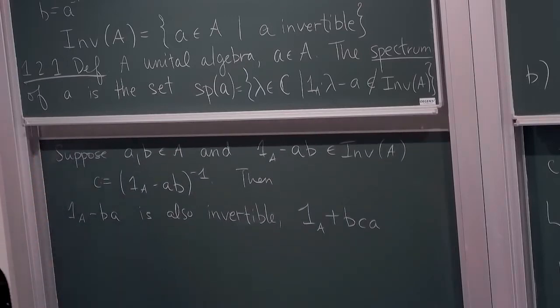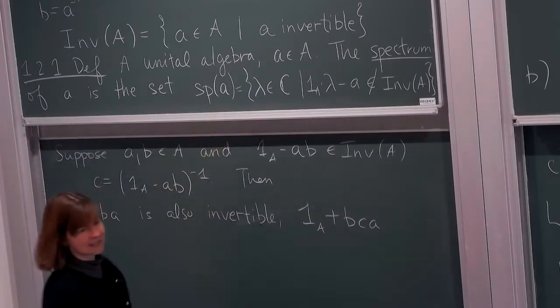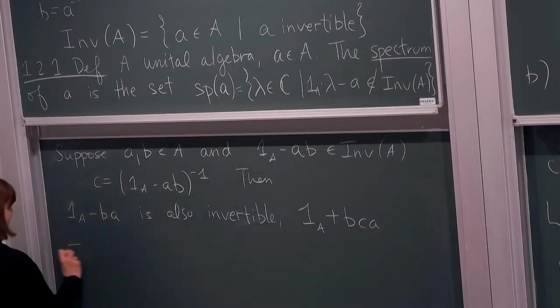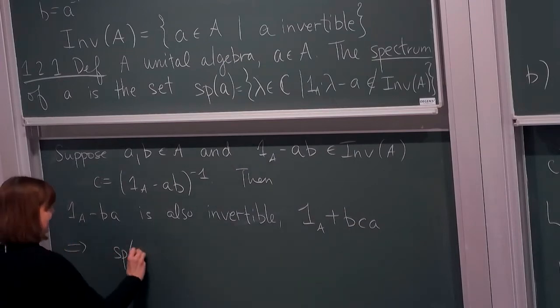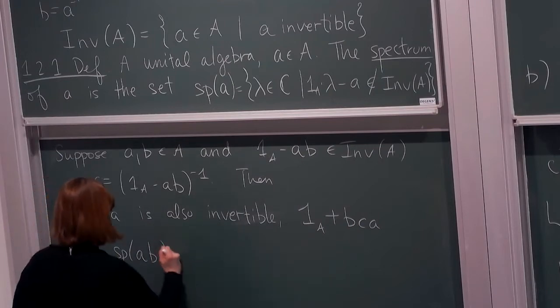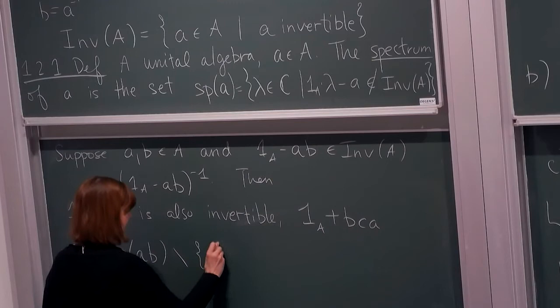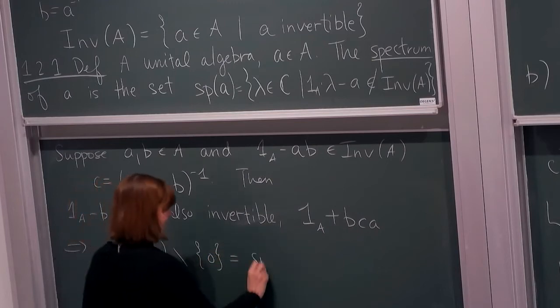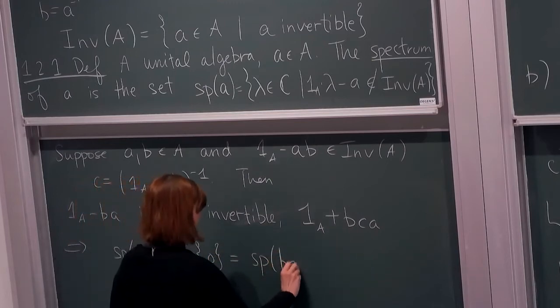So that gives us the first thing we can say about the spectrum. The spectrum of AB is the same as the spectrum of BA, minus 0.